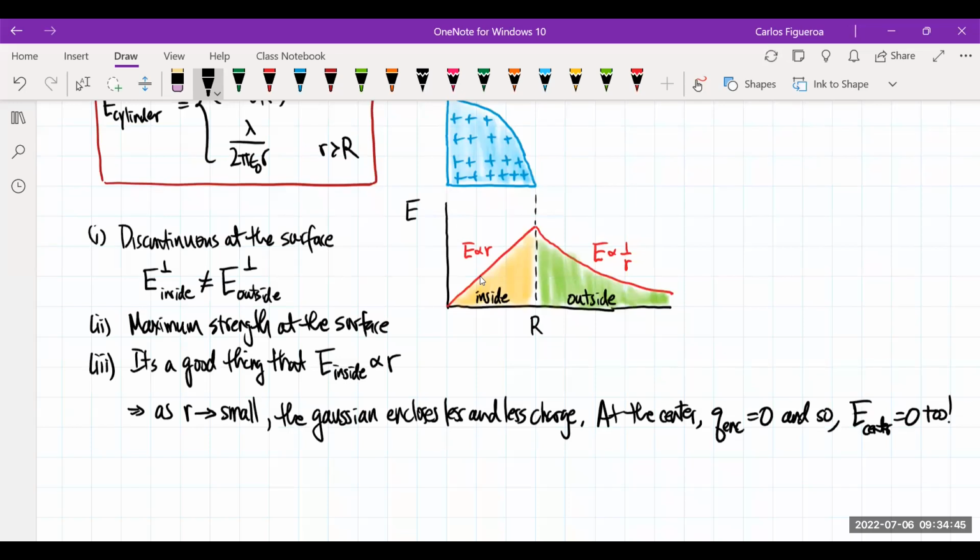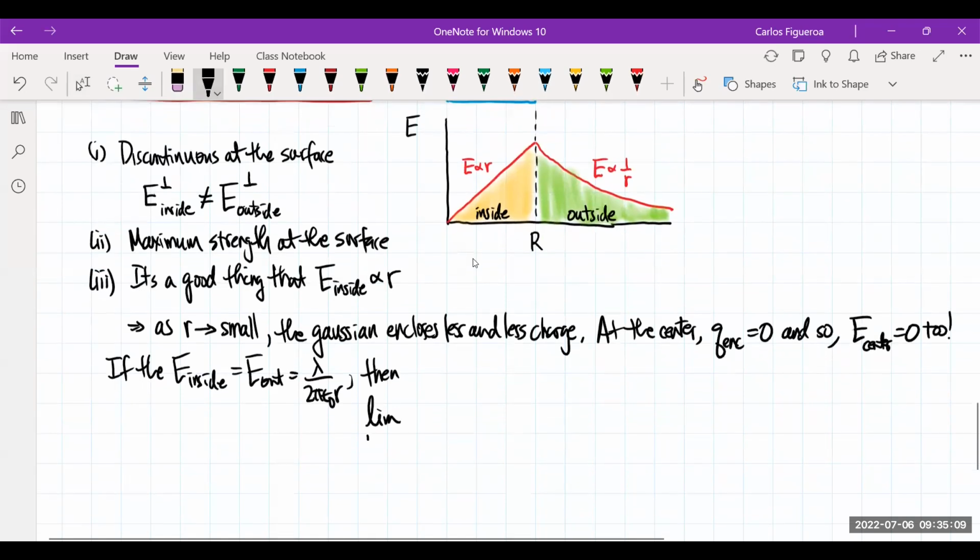Now, why am I making a point about this? If the E field inside was equal to the E field outside, which would have been lambda over 2 pi epsilon R, then the limit as R goes to 0 of the field inside would be the limit as R goes to 0 of lambda over 2 pi epsilon R. And you could see here that this goes to infinity.